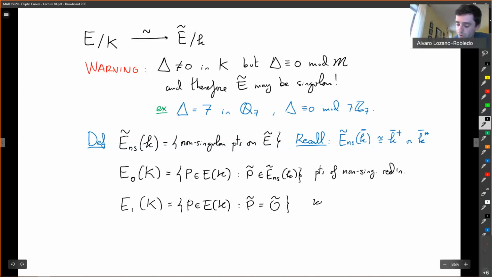This is the kernel of reduction. We're going to prove that these are actually subgroups of E of K, and the key is that this reduction map is going to be a homomorphism. All right, so let's prove exactly that.